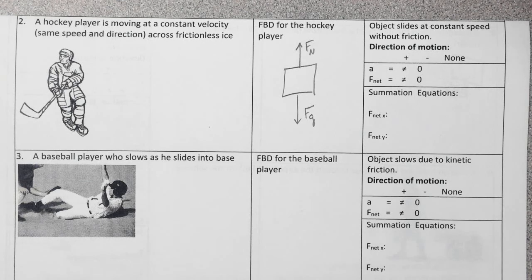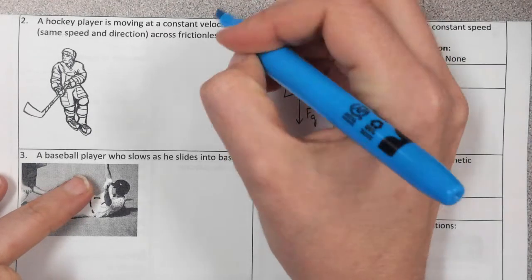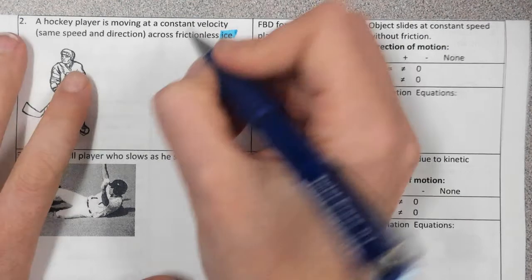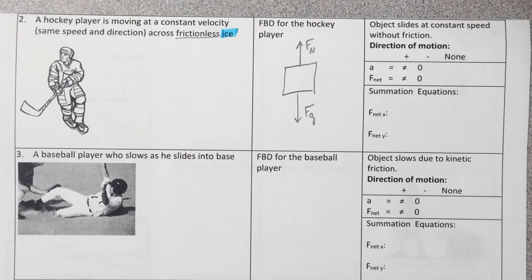This is ice, right? Ice is one of the key words to imply frictionless. So even if it doesn't say frictionless ice, if it says ice, assume it's frictionless. Ice is one of those sneaky keywords that says there is no friction.